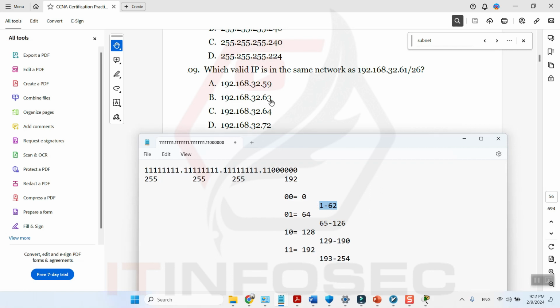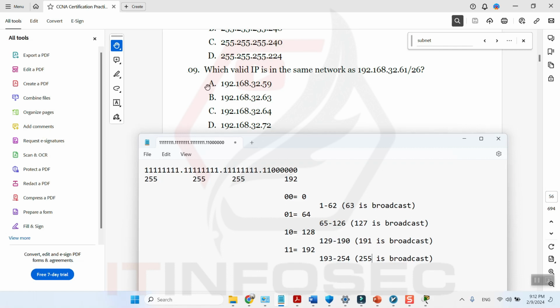Answer A is okay. 63 is not assignable because it is the broadcast. 63 is broadcast for this subnet, 127 is broadcast for this subnet, 191 is broadcast for this one, and 255 is broadcast for this.